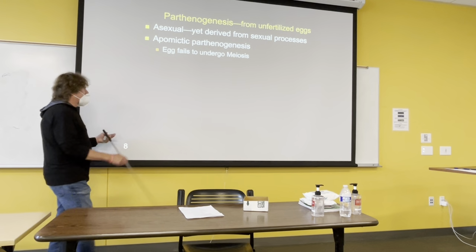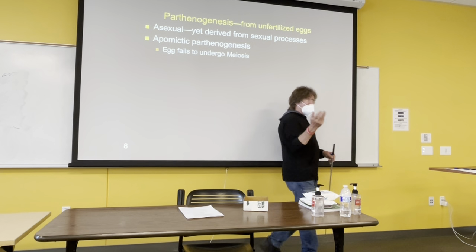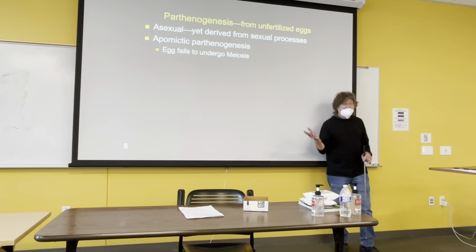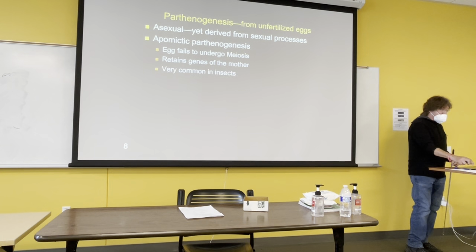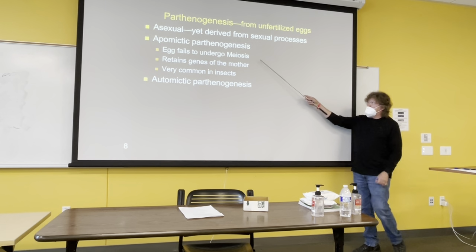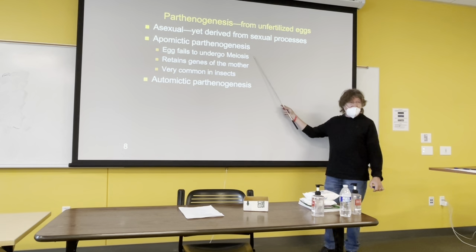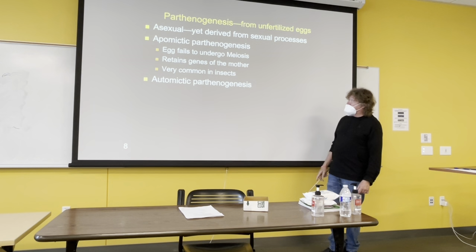Since it fails with meiosis, it is already diploid, and it can start growing by mitosis. This is apomictic parthenogenesis. Here it still has the genes from the mother, so it is identical genetically to the mother. It's a clone. And it's common in different groups of insects.